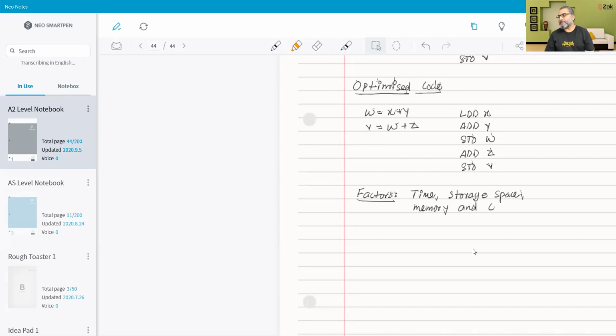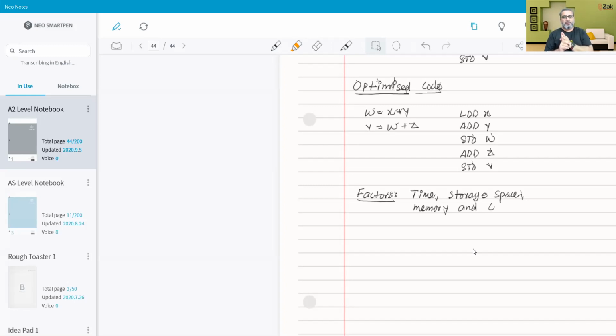So there might be three types of question. What is optimization? Optimization is when the object code is generated, it is being evaluated if it could be further shortened. If there are any redundancies in the code, redundancy means what you have done once, you are doing it again and again. So those are eliminated. All right, so code is optimized. Code is optimized for speed, means the time.